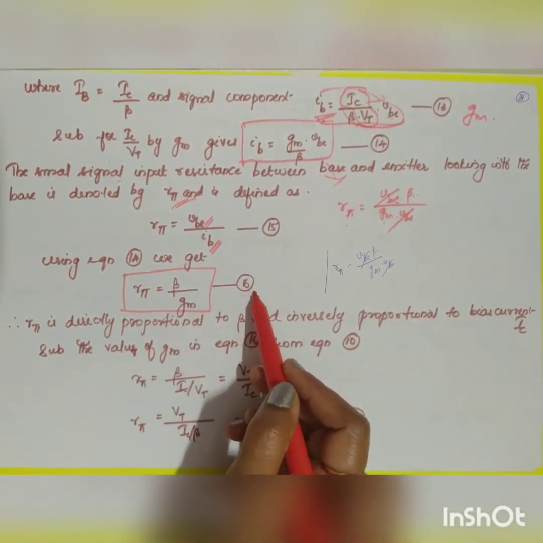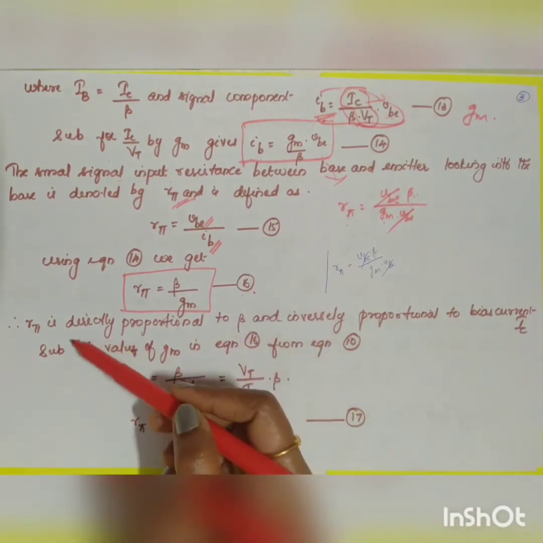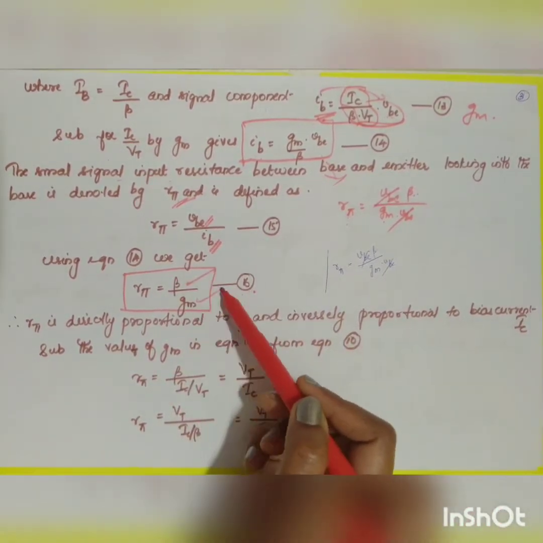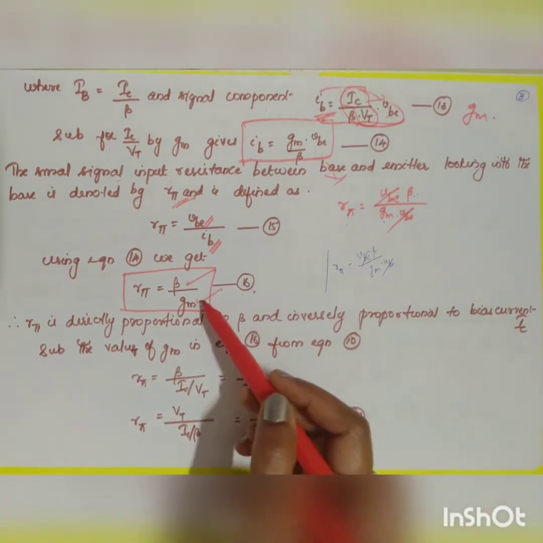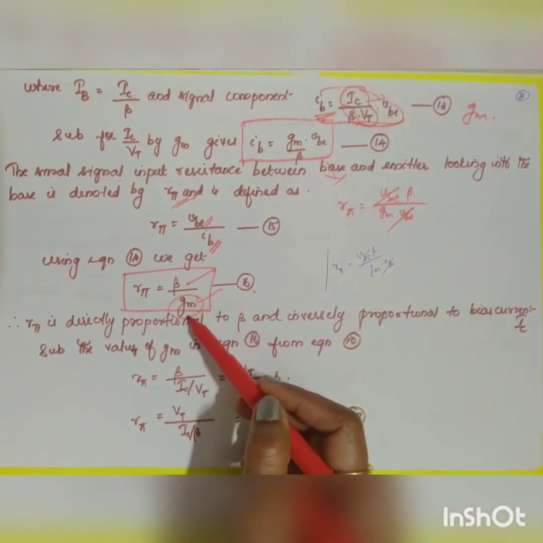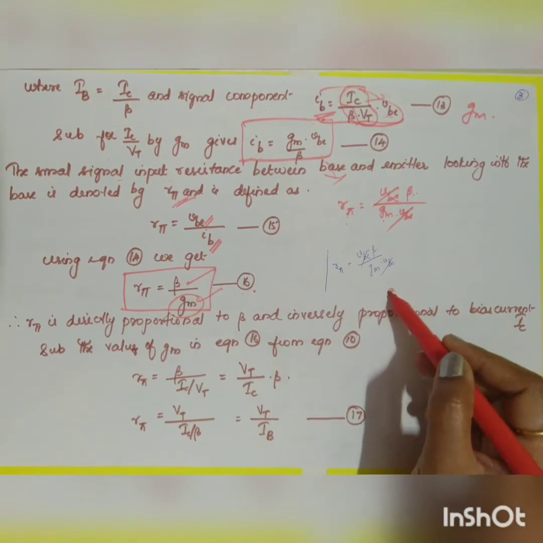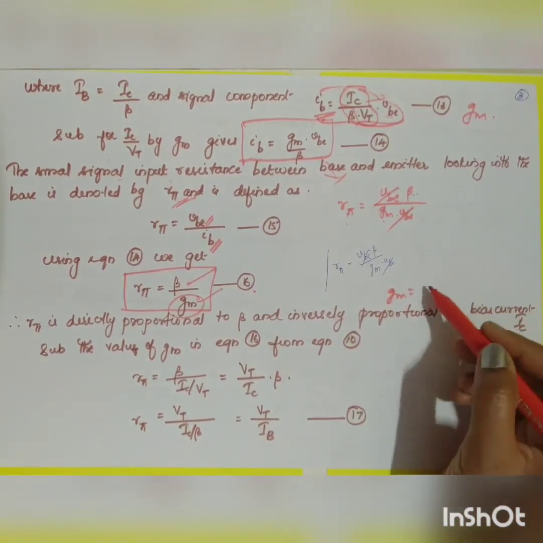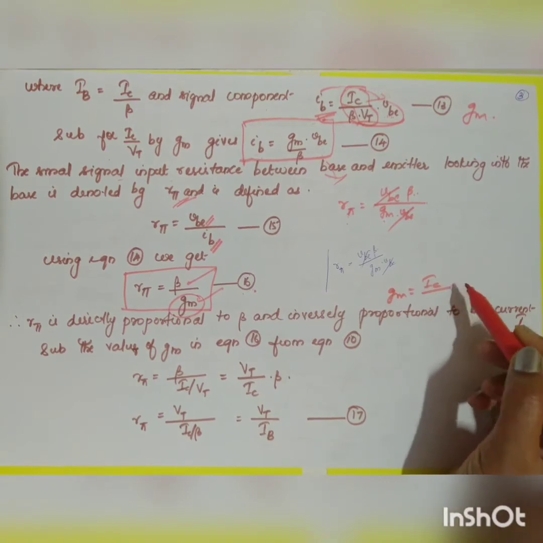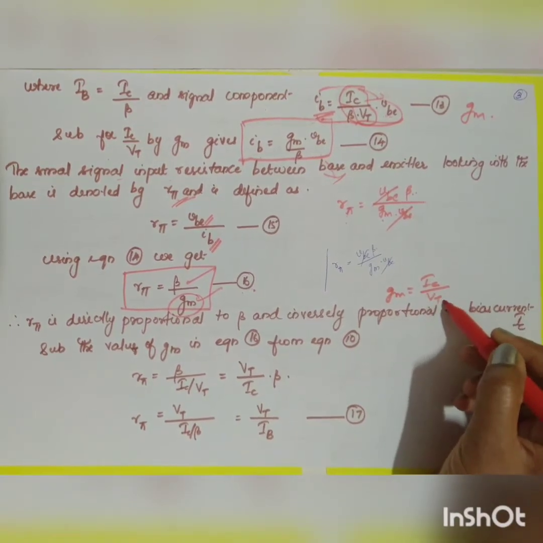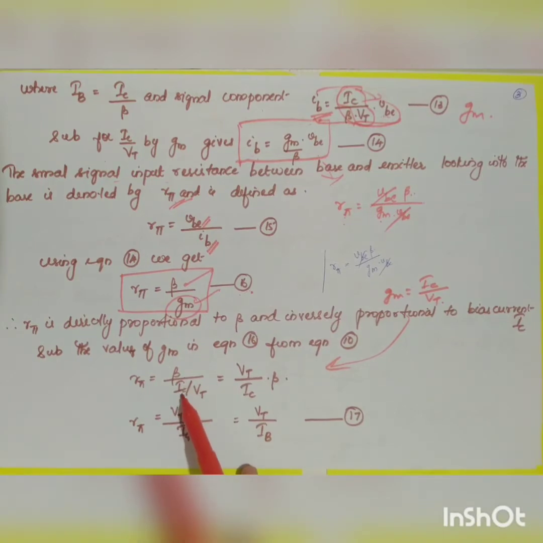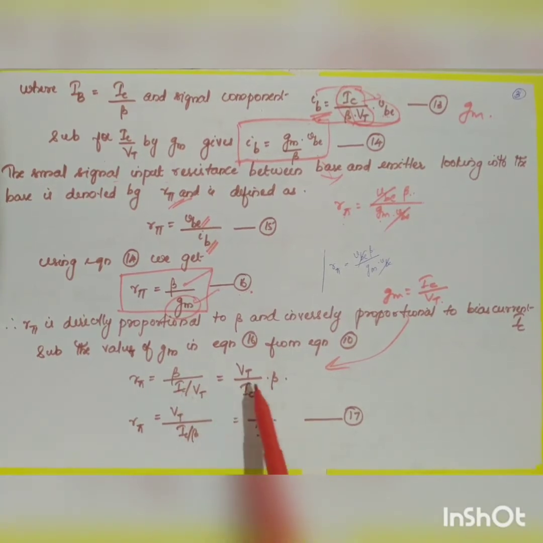Let me take this as equation 16. So R pi is directly proportional to beta and inversely proportional to your transconductance gm. Now you know the value for gm, can you substitute it in this formula? gm is equal to IC divided by VT, right? So when you substitute here, you will be getting R pi is equal to beta divided by IC divided by VT.